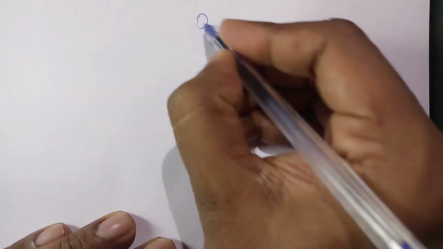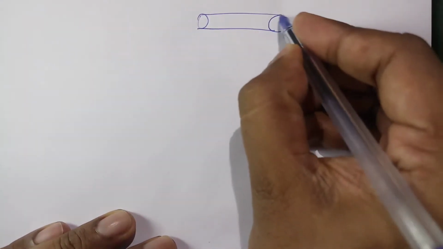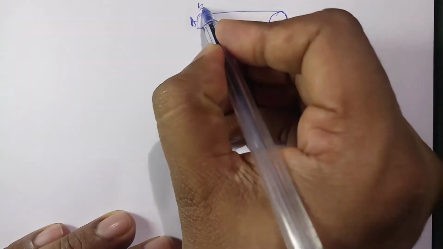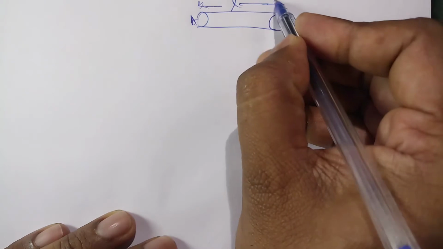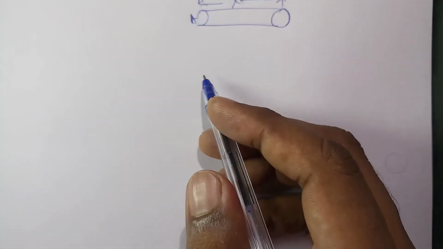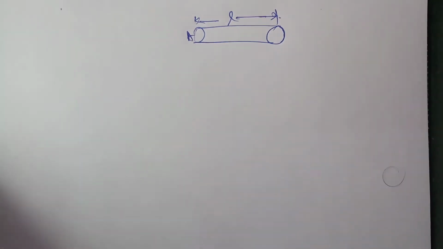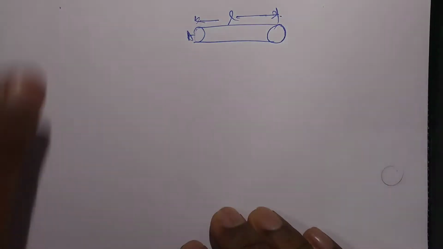Now the same thing we will write on the paper so that it will become clear for you. Now consider a conductor of area of cross section A and length L. This conductor is moving in a magnetic field.